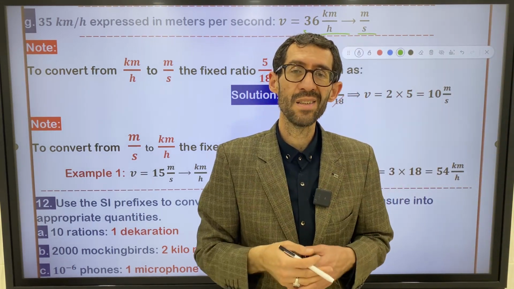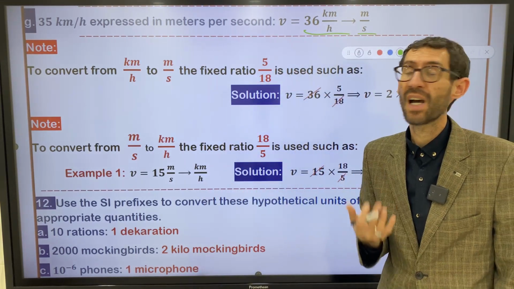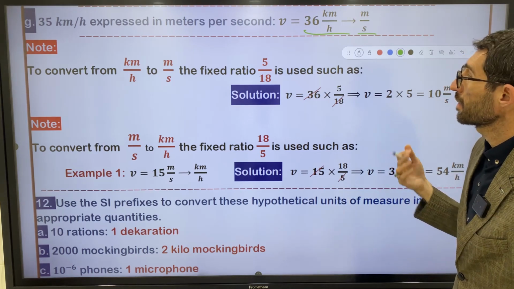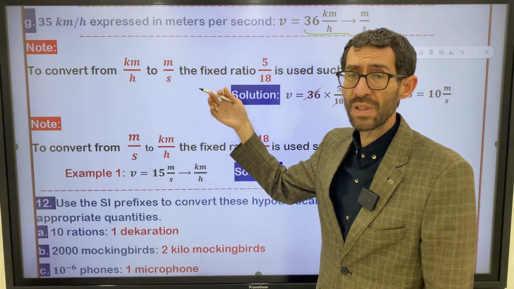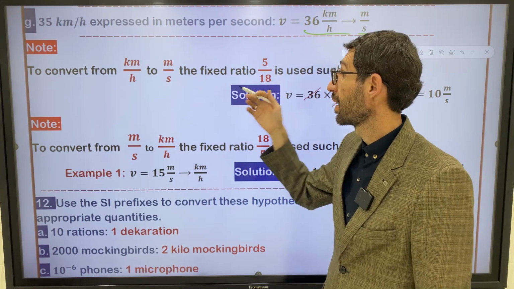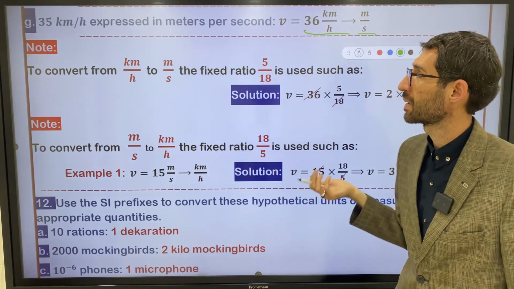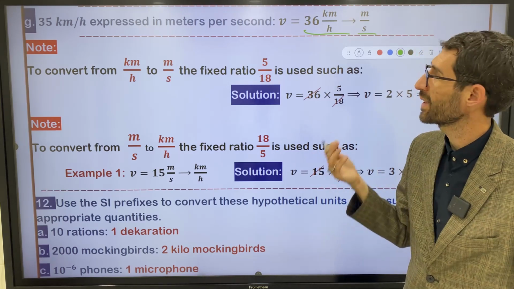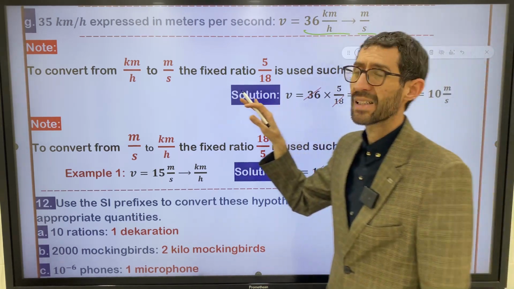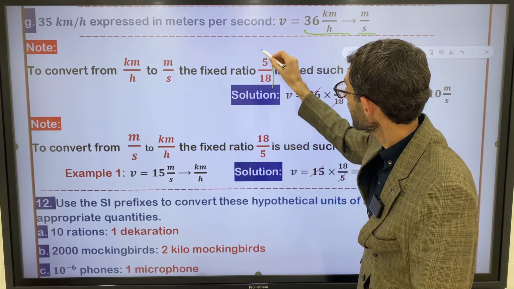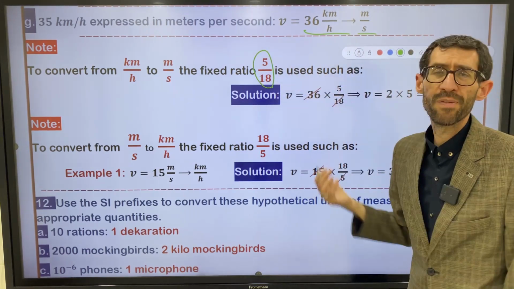I want you to memorize it to save time, especially because you need time in the exam. You have to solve the problem in a very short way. That's why I simplify to a fraction.